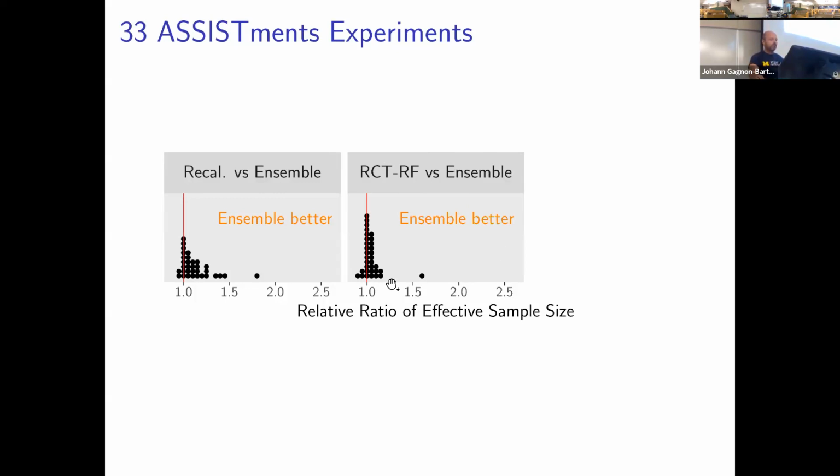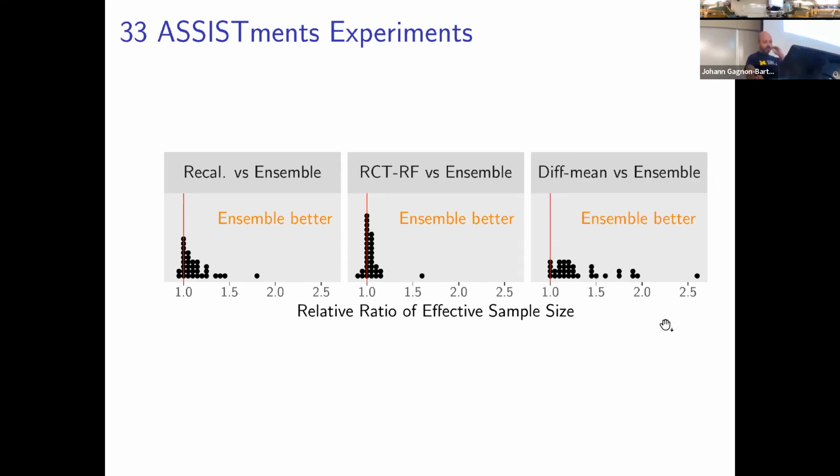This is showing that typically the ensemble does better, and this basically is the plot that shows that the auxiliary data is still helpful even when compared to the best of methods without the auxiliary data.